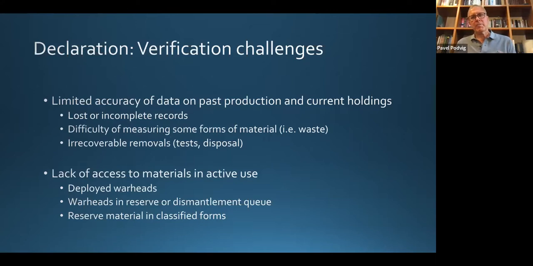Also the problem with the declaration is that if you don't have access to materials in active use, the accuracy of your data regarding the total amount of material is limited.